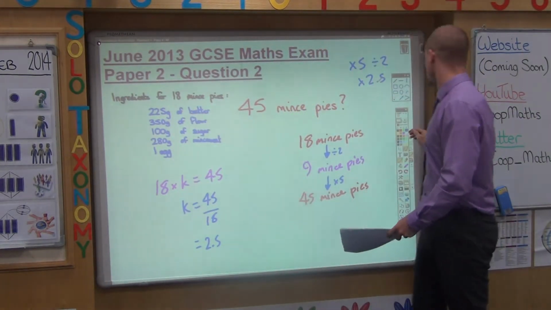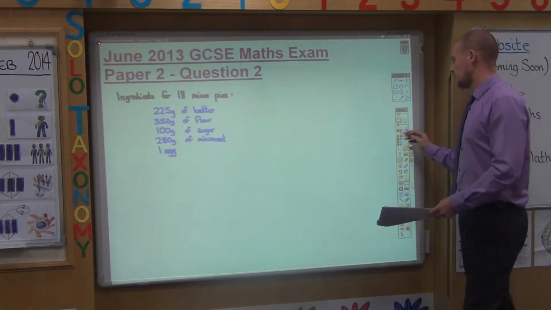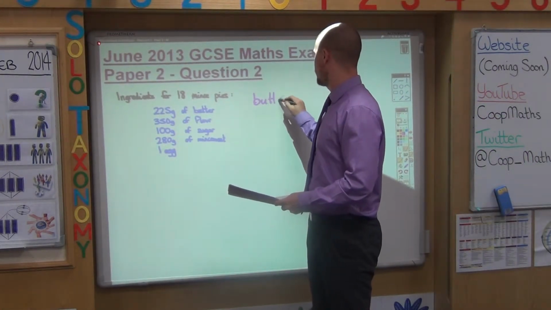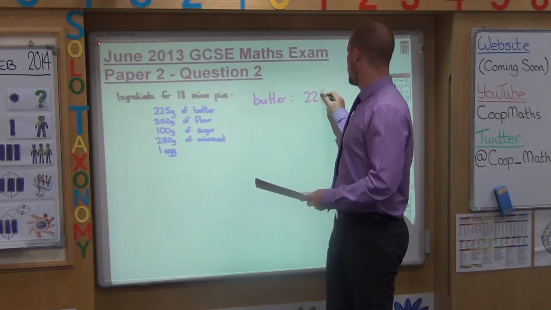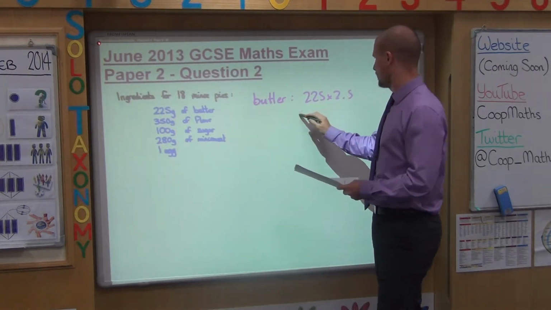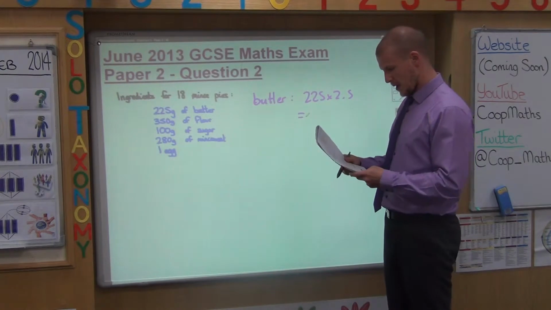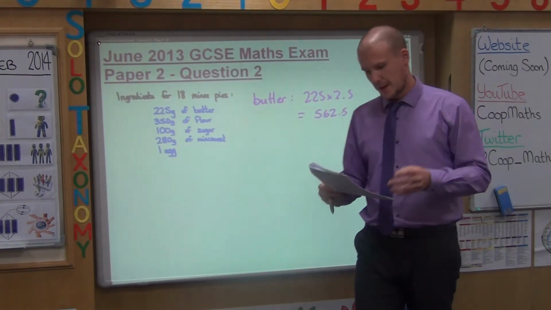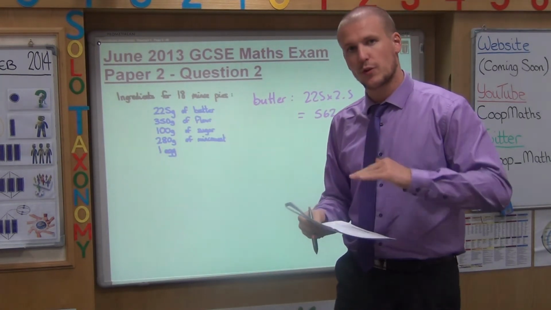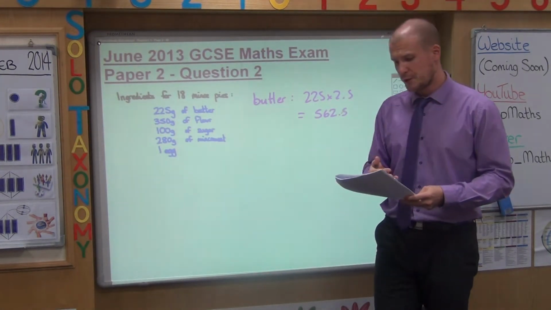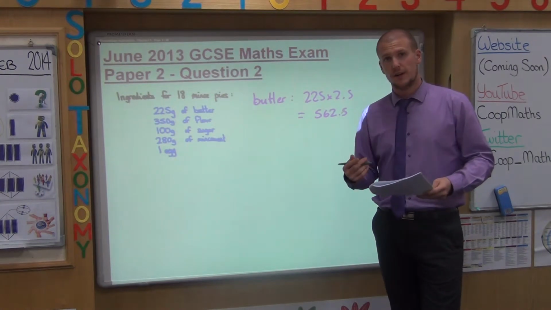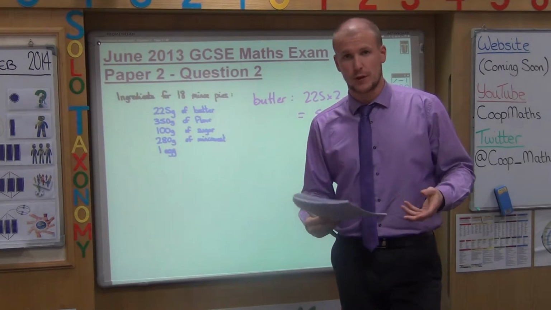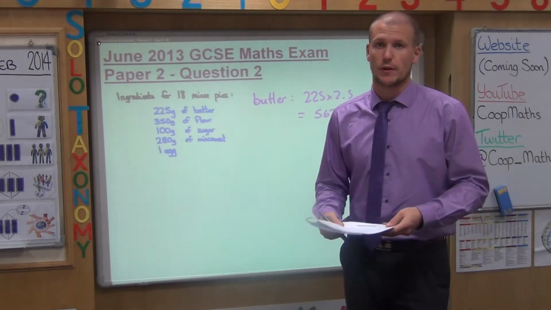So now all we have to do with all of them is actually multiply them by 2.5. So for the butter, 225 times 2.5 gives me 562.5, and it's important to note here that as you're going through these one at a time, if you ever find one ingredient that you don't have enough of, the question's over really, because if you don't have enough of one ingredient, it doesn't really matter whether or not you've got enough of the rest.